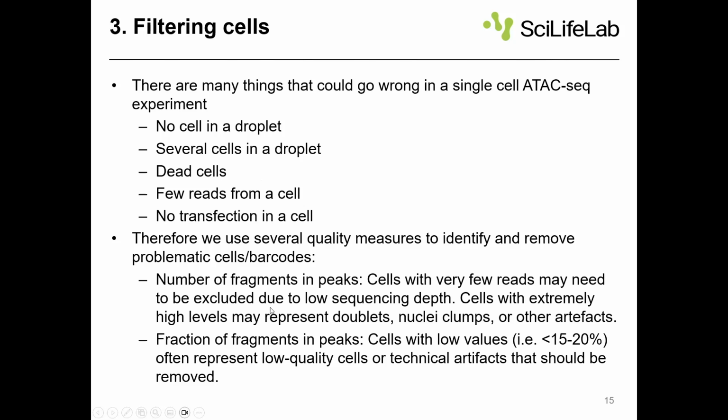If you have a lot of peaks, maybe this is not a single cell, but several cells or clumps or something else that has gone on. You also want a substantial fraction of your reads mapping to the peaks and not somewhere else in the genome. So if you have very, very few of your reads mapping to the peaks, typically lower than 15 or 20%, then this tells you that maybe something has not worked here. And those cells you should probably remove.